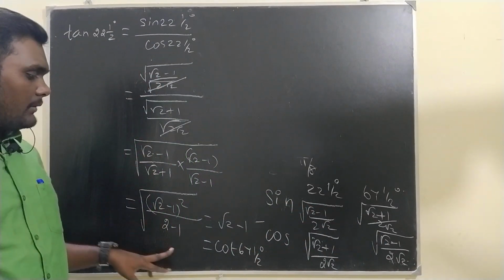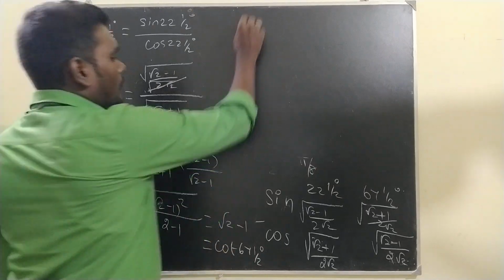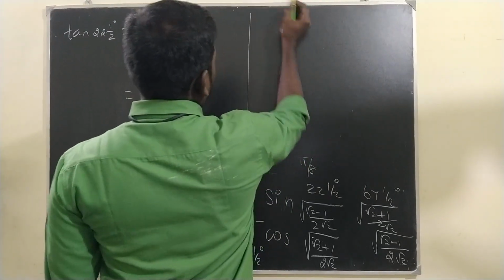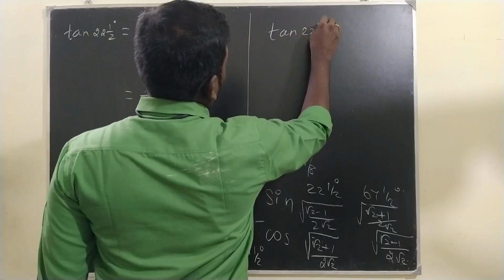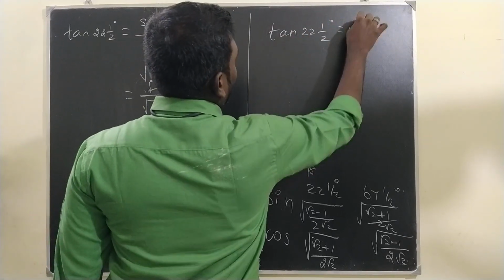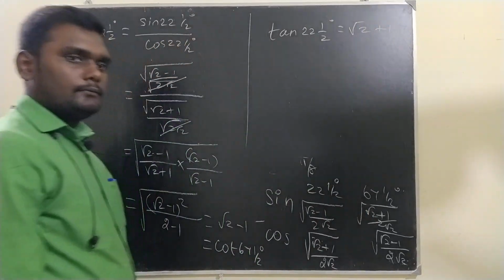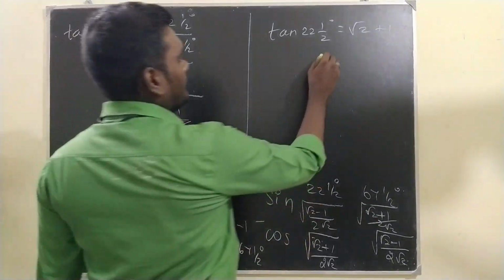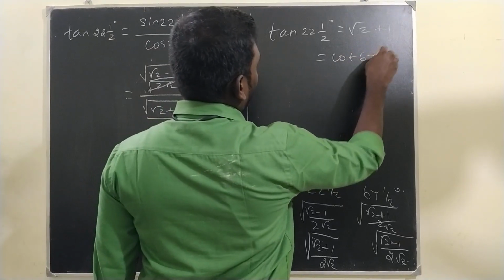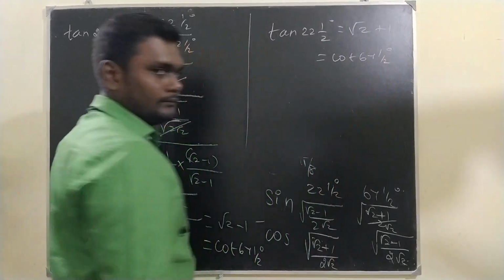When you do the conjugate multiplication, you will have root 2 plus 1. That is the value of cot 22 and a half degree as well.